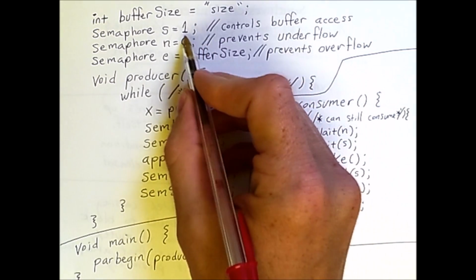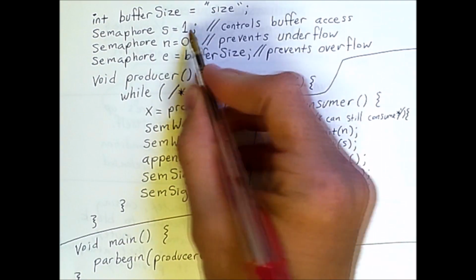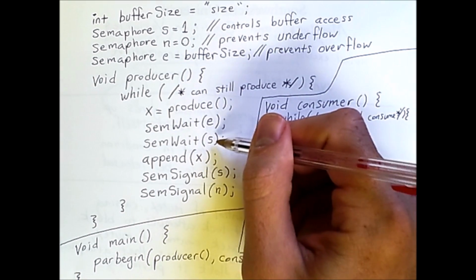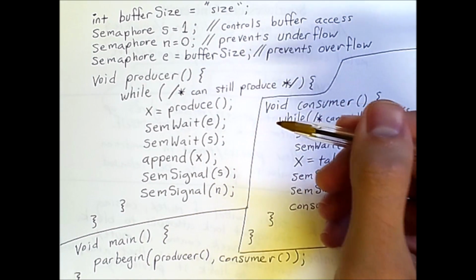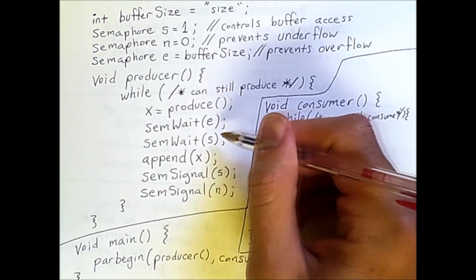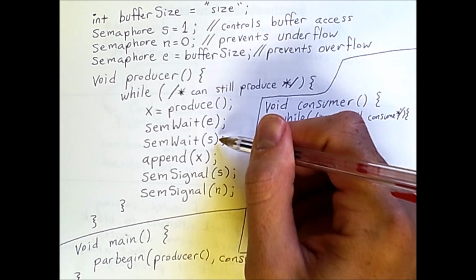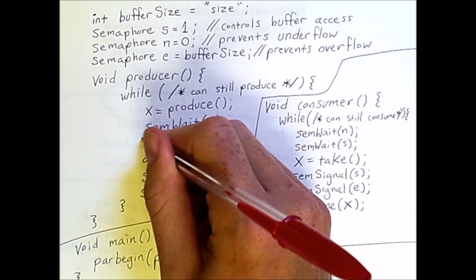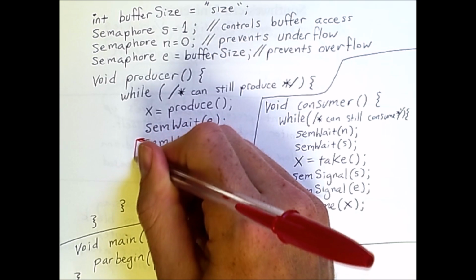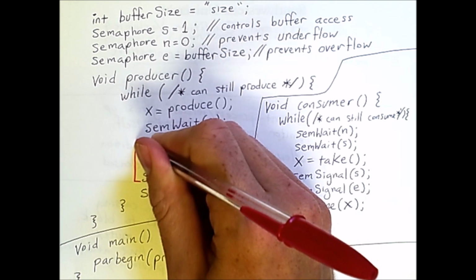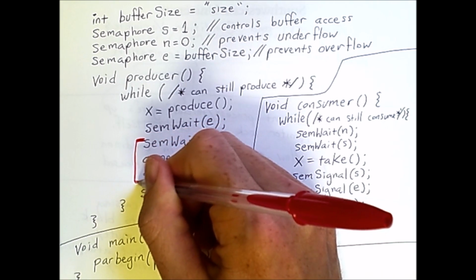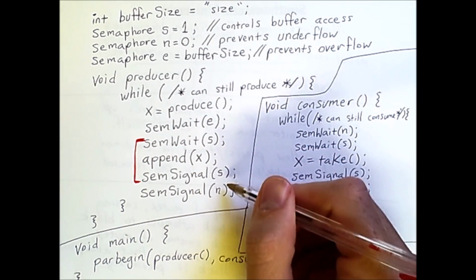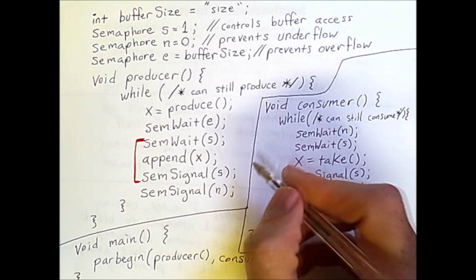Because with a value of 1, waiting sets it to 0, meaning that if any other process tries to execute semWait on S, then that process will block. So we can view this as a very tightly associated critical section where we lock and then unlock access to the buffer.